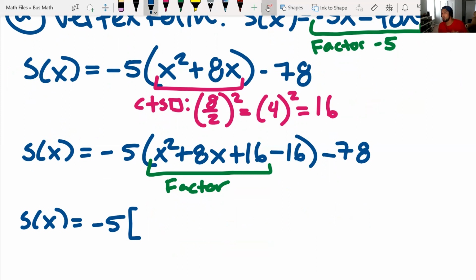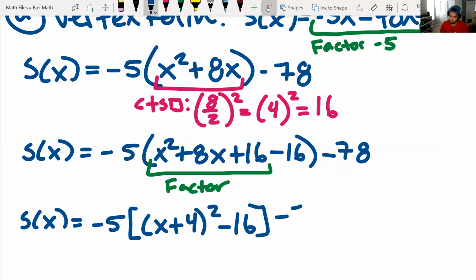Now you know how all of these factor. So this is just going to become x plus, and what number goes inside? You guessed it. The number that we squared, which is 4. So this will be x plus 4 squared minus 16 minus 78.